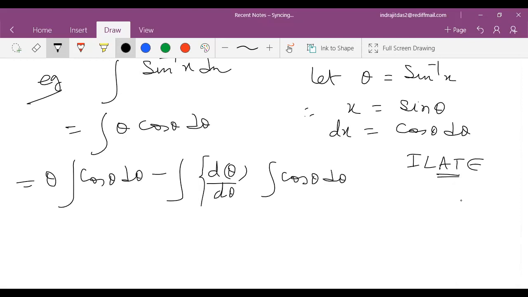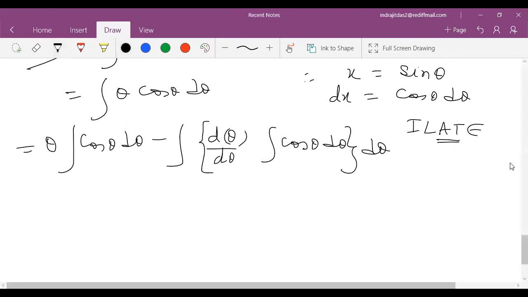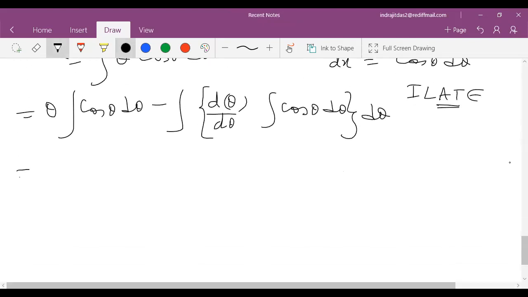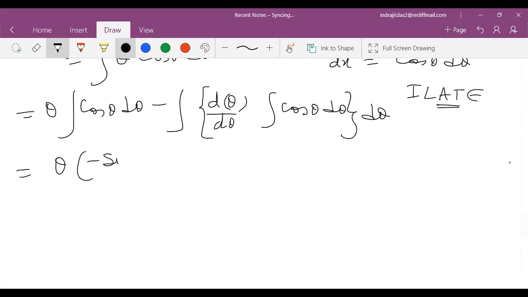This whole portion is again integrated d theta, second part. So first part is theta, cos theta integration is sin theta, minus derivative of theta is 1, so it is minus sin theta for the second part, that is to be integrated.